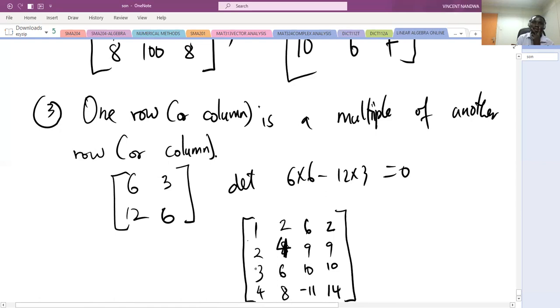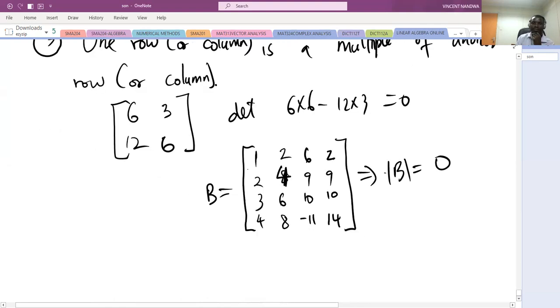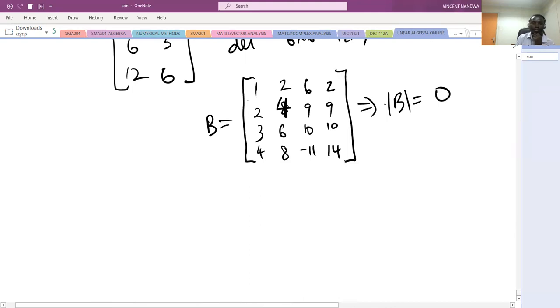Then the determinant of this one, if this was matrix B, is 0, because these are scalar multiples of each other. So those are the conditions that yield zero determinant, and they can always help you to know the value of a given determinant without really struggling to do the calculations.